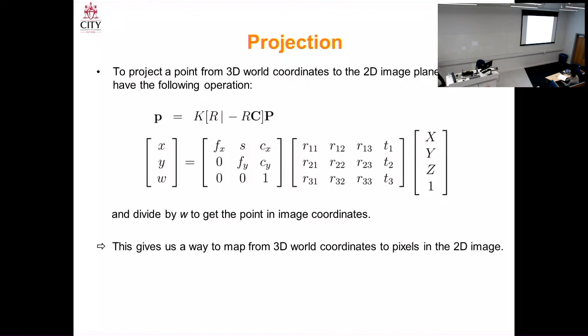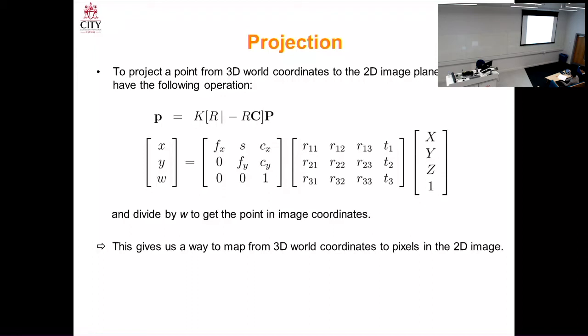Then what I'm going to do is I'm going to multiply it. Here's the extrinsic matrix. Okay, this is the matrix we were just looking at. It's got the rotational component on the left, and here's the translational component. So I'm going to multiply the point times the extrinsic matrix, and then I'm going to multiply that times the intrinsic matrix. Okay, and that's going to give me this point x, y, w.